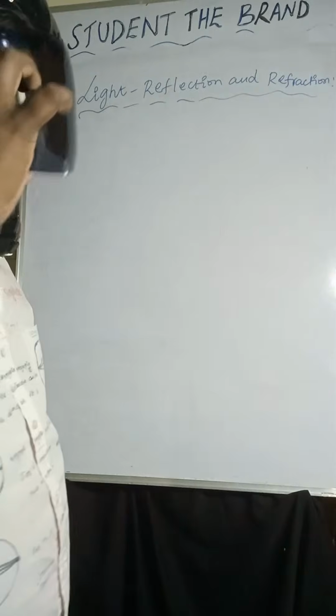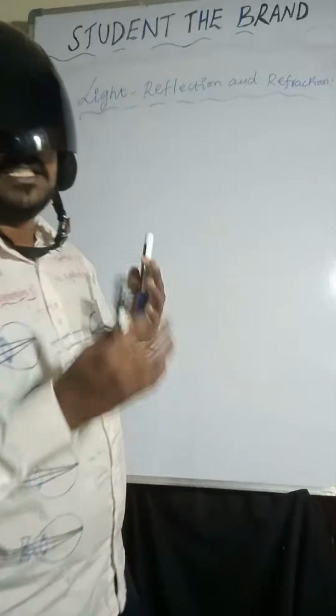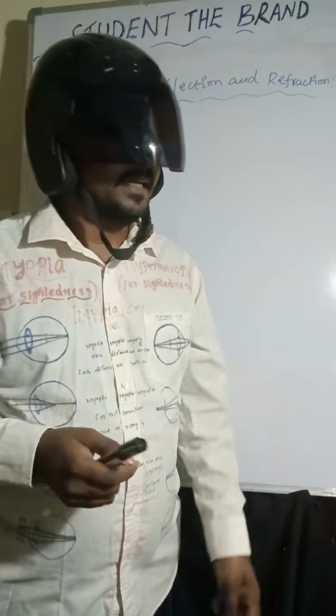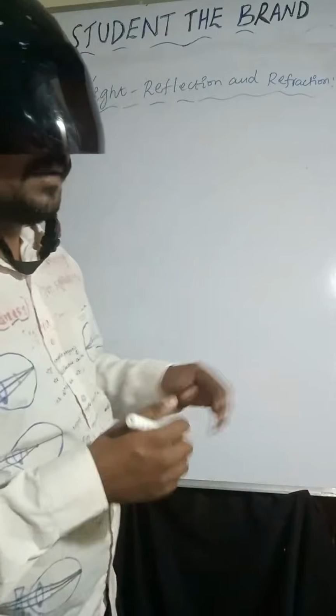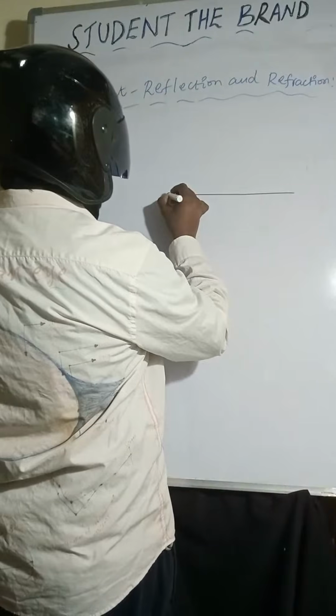Light is a form of energy which gives the sensation of sight. So I'm taking the plane mirror. So here is the plane mirror. This is a plane mirror.